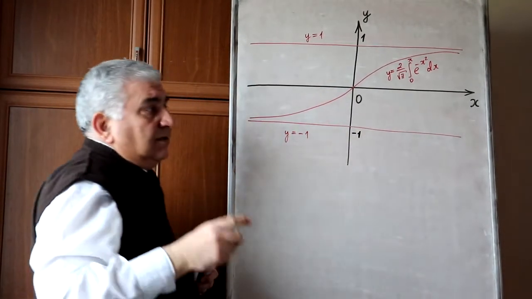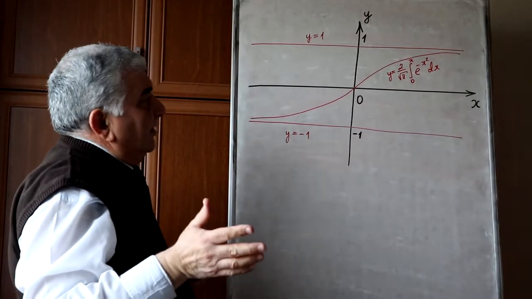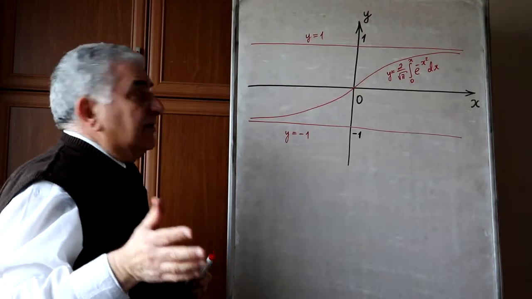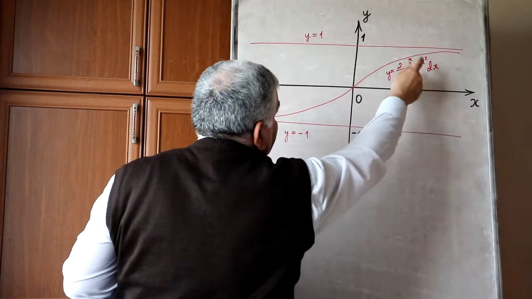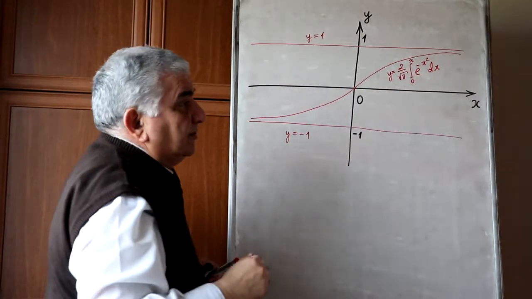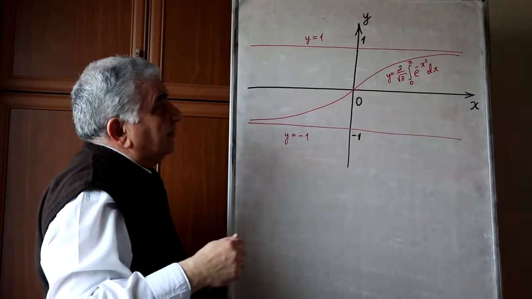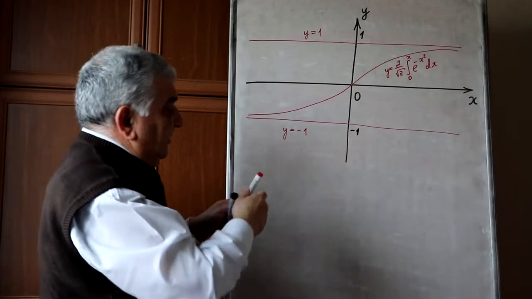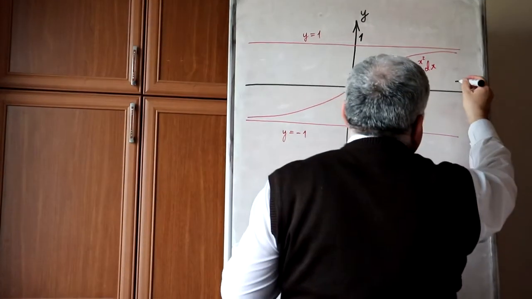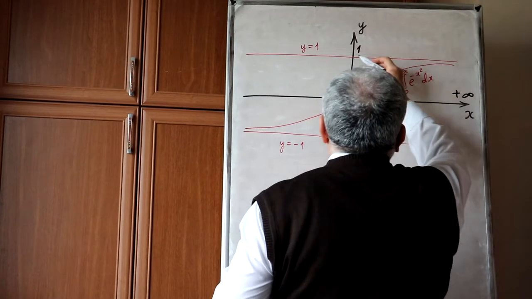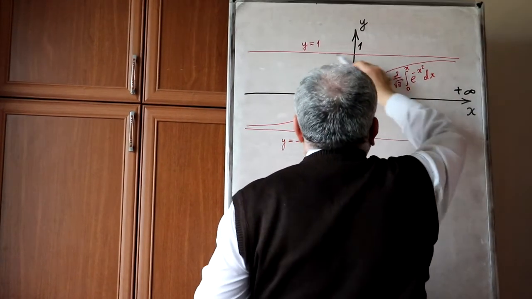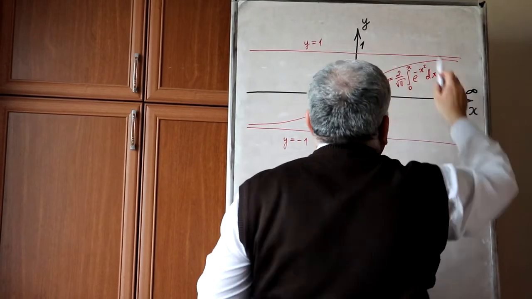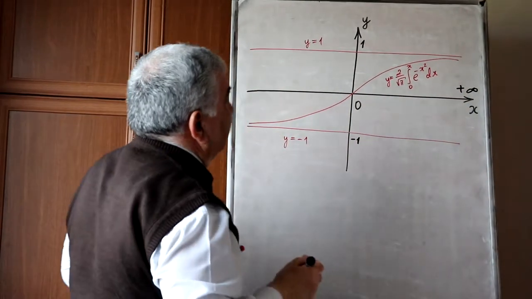According to the third property, our function is an increasing function. Really, our function increases. Then, according to the fourth property, at plus infinity, our function tends to unit, and the line y equals 1 is the horizontal asymptote.